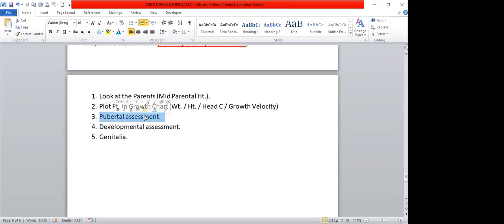This is a vast area, and we will definitely discuss it in later sessions, including the stages, and early or precocious puberty, and delayed puberty. That can be associated with short stature. So we need to always mention pubertal assessment at the end of our examination.